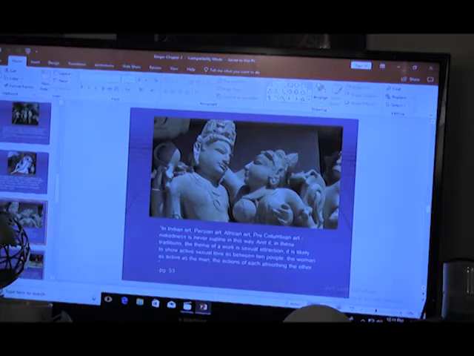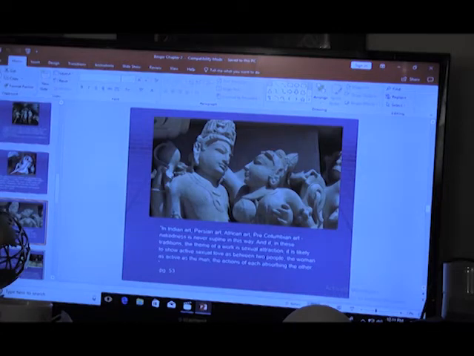He'll say in Indian art and Persian art, a lot of African art, a lot of pre-Columbian art, meaning art within North, Central and South America before Columbus, nakedness is never supine in that way. It's never just kind of laying there waiting to be had.